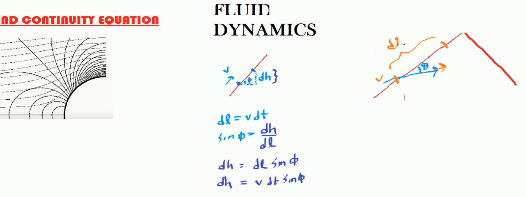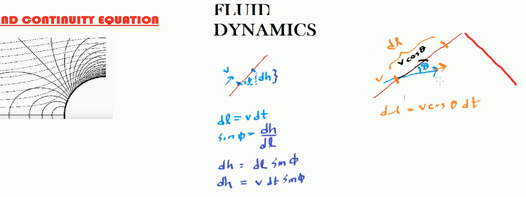If you look carefully, then obviously it will be clear that this time dl is going to be v cos theta dt, where cos theta is the component of velocity along dl. So v cos theta is helping you to cover the distance dl along the direction of the dl.